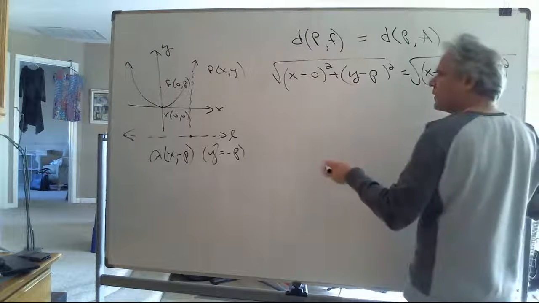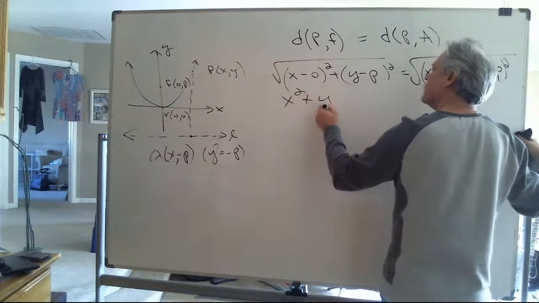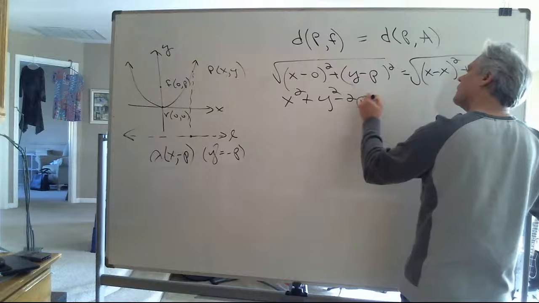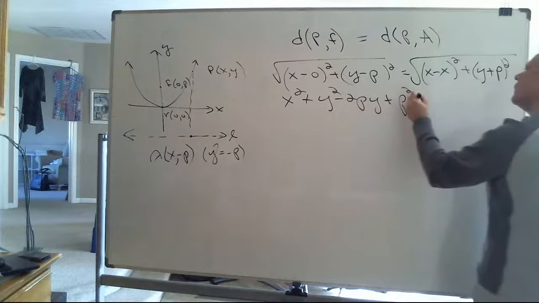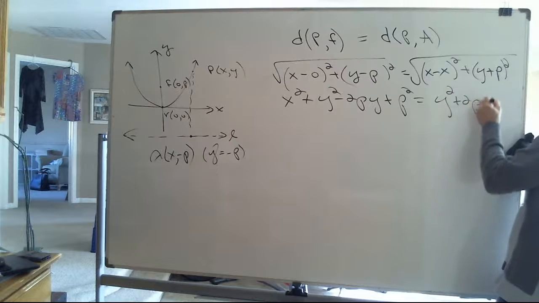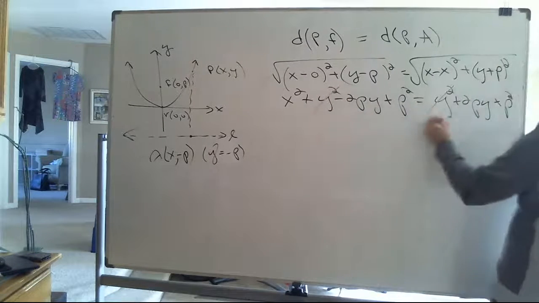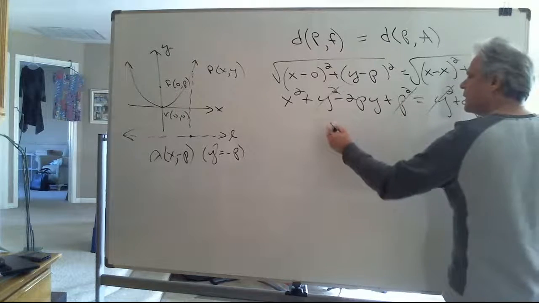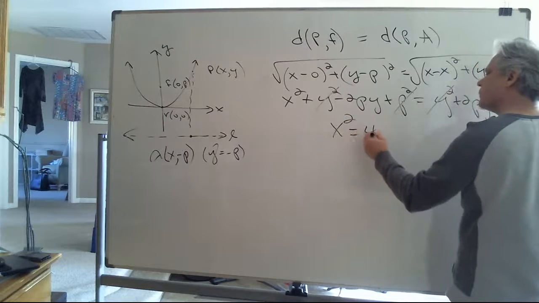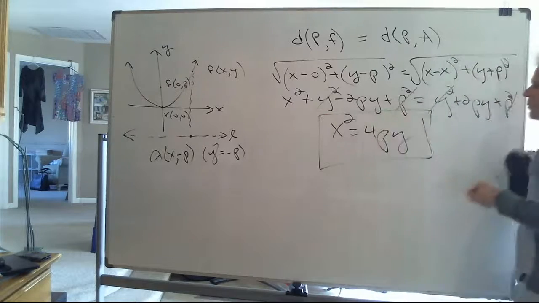Getting rid of radicals and expanding binomial squares. Canceling what I can. Cleaning up. There is the standard form for the equation of a parabola.